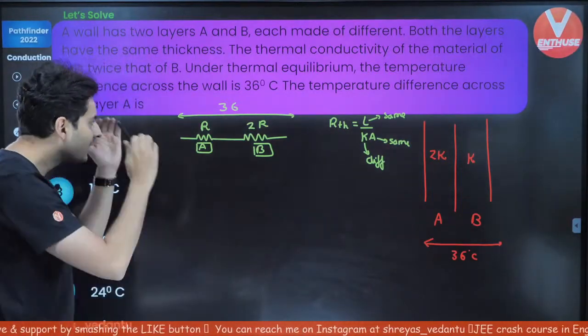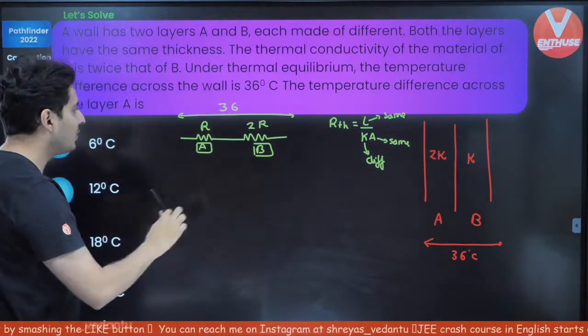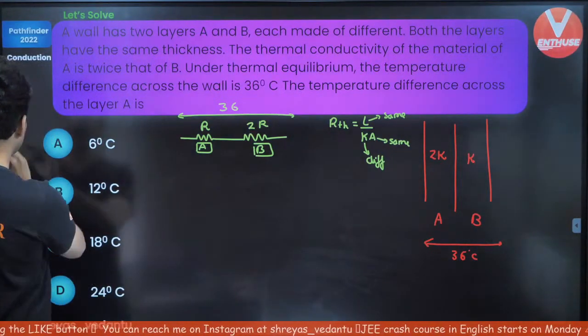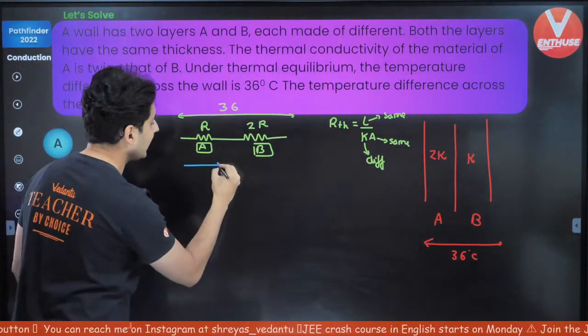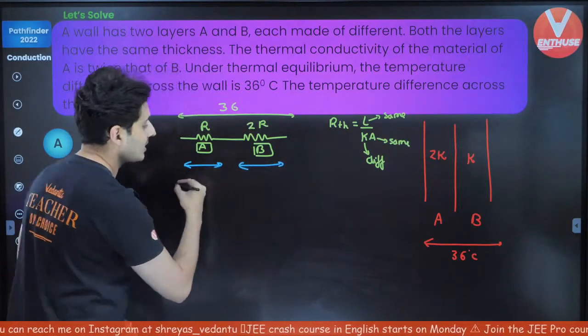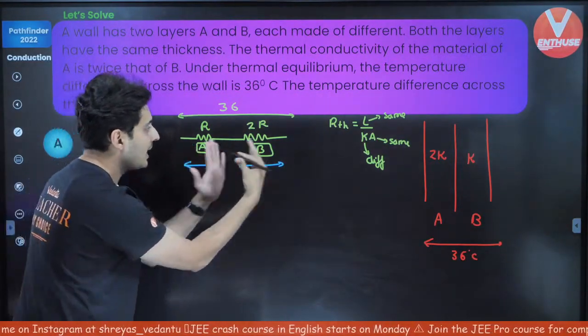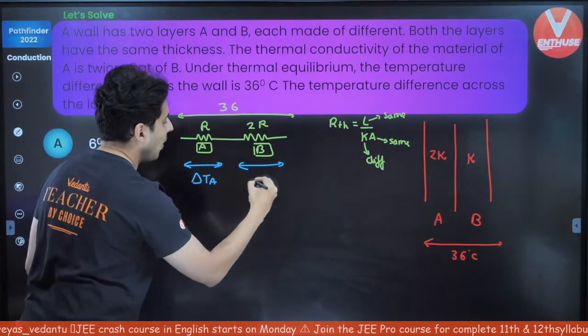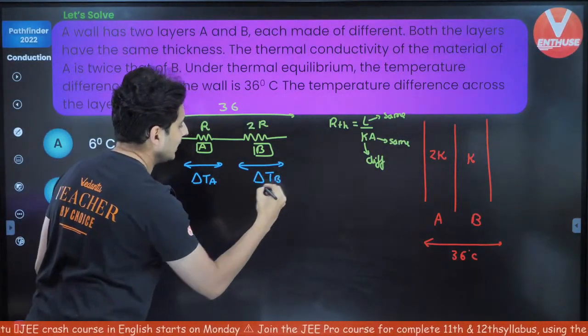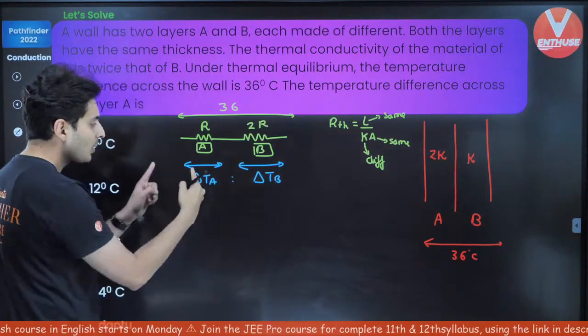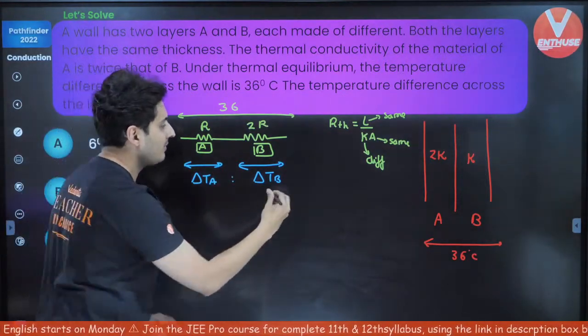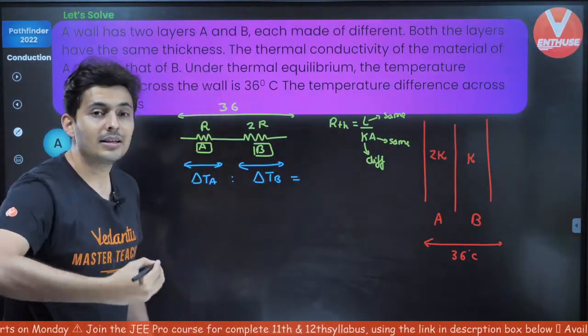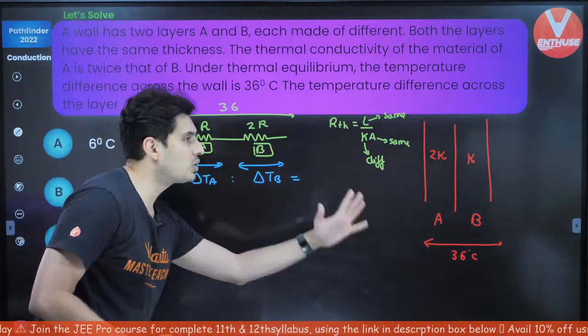Doesn't matter. Now, the concept that you need to understand is, simply put, the voltage across each one of them, or the temperature difference across each one of them. The temperature difference or the voltage difference, whatever you want to call it, the ratio of the temperature difference or voltage difference will be, think about it, the ratio of the resistance.